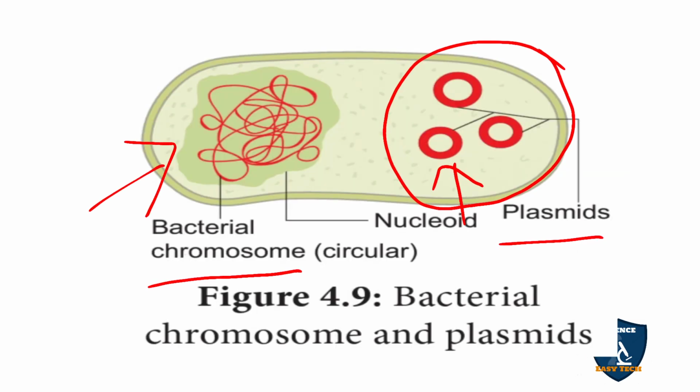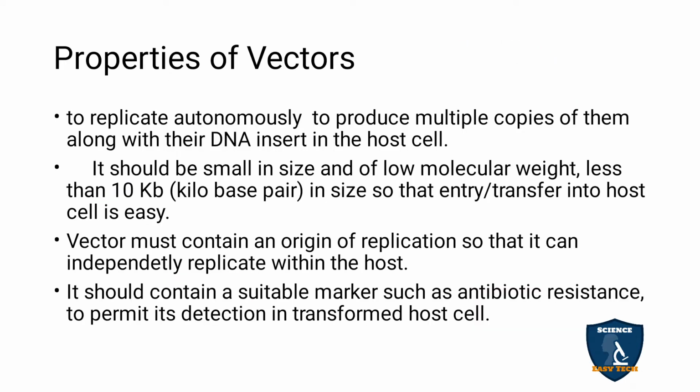So it can replicate on its own, and that is called autonomous replication. Why does it replicate autonomously? To produce multiple copies of the DNA insert along with the host.